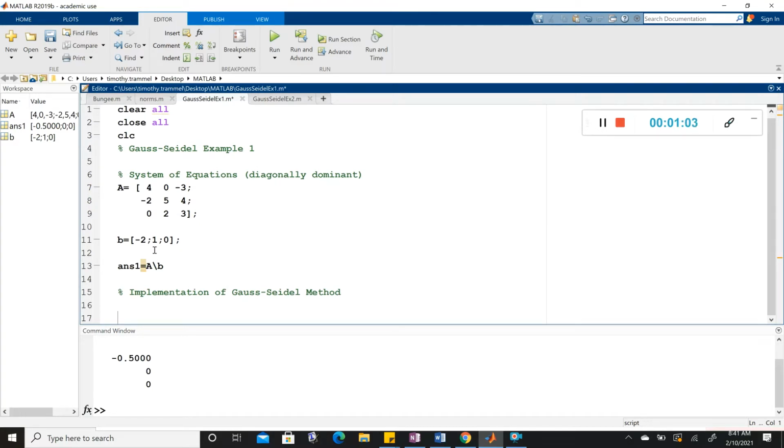So we'd have x1 is equal to, and we'd have to add the 3x3 to the other side. I'm going to need my multiplication sign there. And then also note that there's this b over here, so I'll have a minus 2. And then I need to divide by 4.